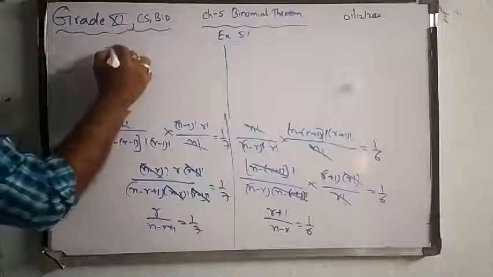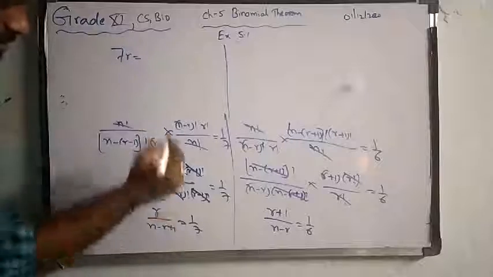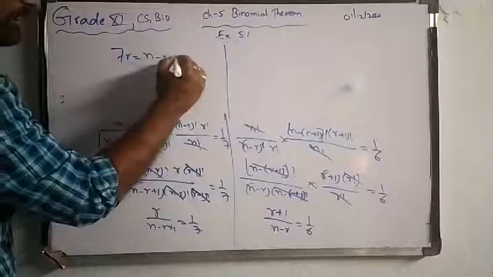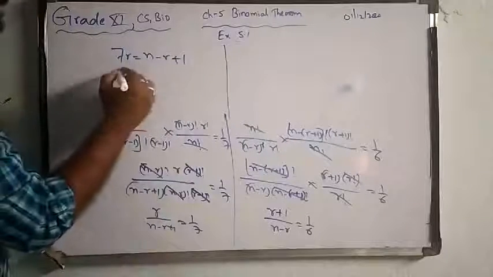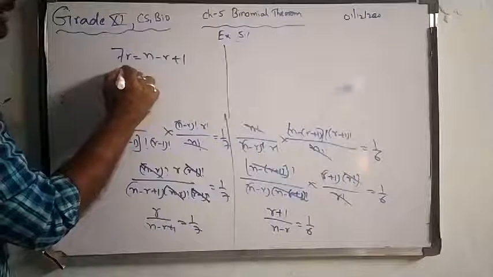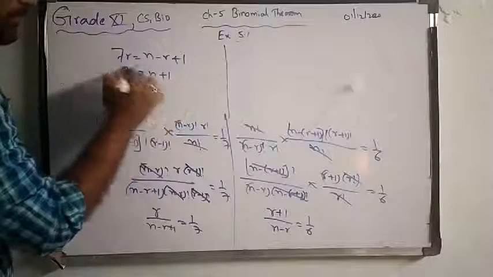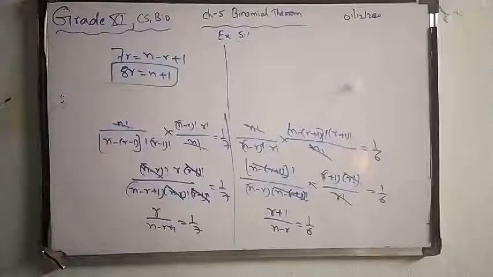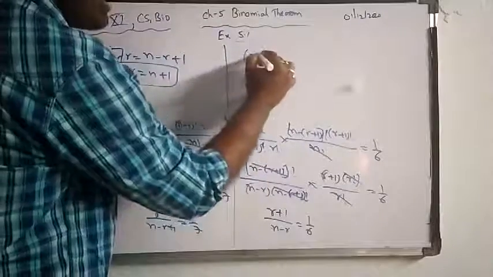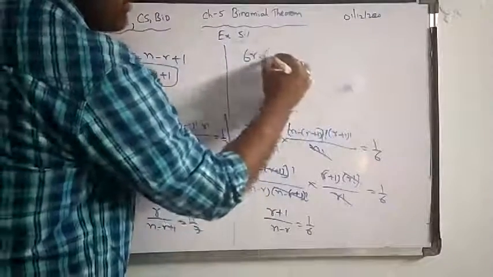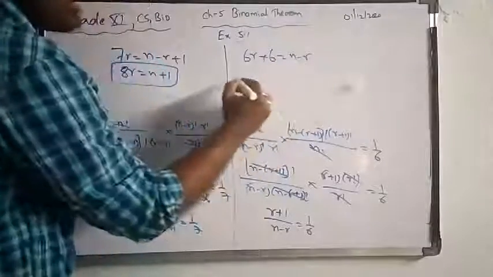So next, if you do cross multiplication, it is 7r equals n minus r plus 1. So that is 8r equals n plus 1. Here if you observe, 6r plus 6 equals n minus r.